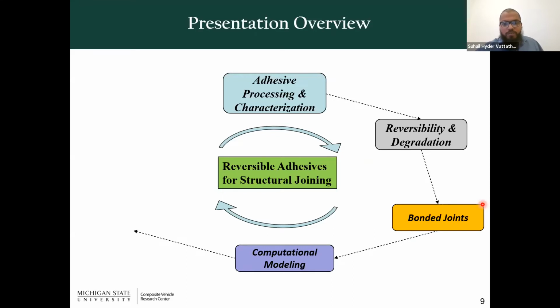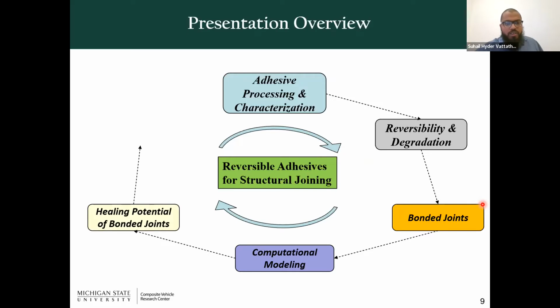And the fourth stage of this presentation will be a computational model, where we address how we can develop a multi-scale computational model, which takes into account all the material heterogeneities at the material scale, and those properties will be taken further for the macro scale simulation.